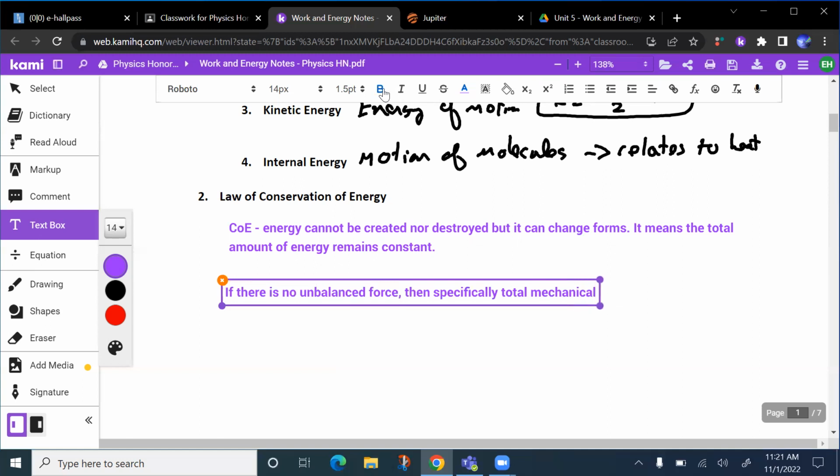Okay, conservation of energy means all forms of energy, including thermal energy, sound energy, vibrational energy, things like that. But if there's no outside force, if there's no net force, for instance, friction, okay, if there's no friction acting on the system in any way, then the total mechanical energy remains constant.